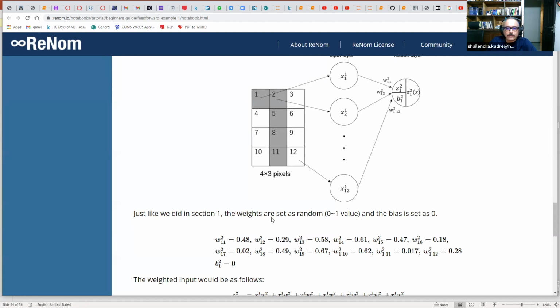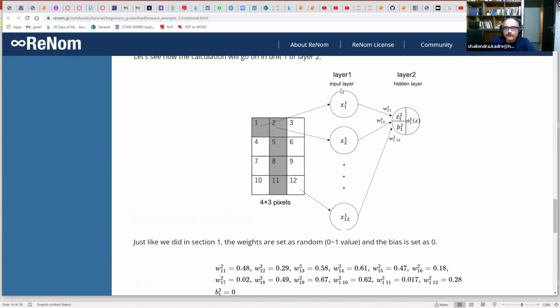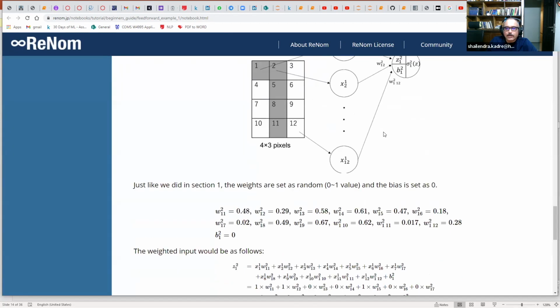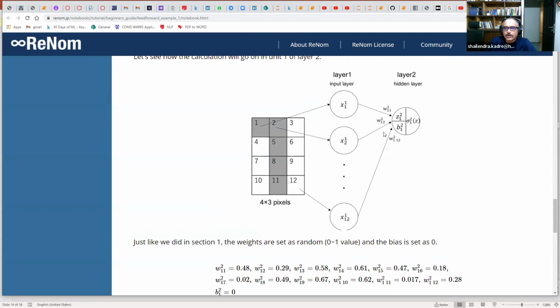W means weights between the hidden layer and the input layer. So W11, W12, W13, W14, W15, W16, W17, and so on. The first neuron of the input layer, X1, is connected, and we have 12 weights corresponding to that.